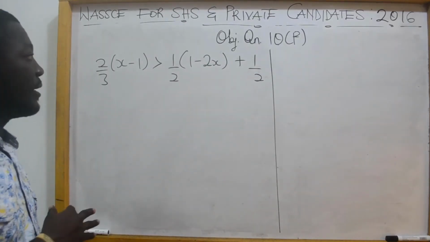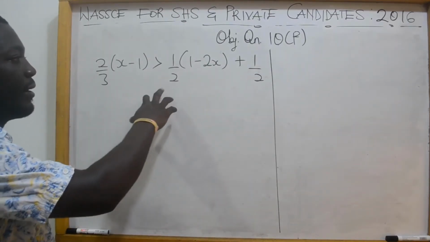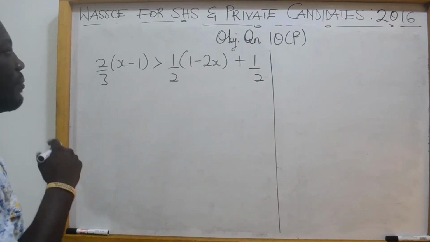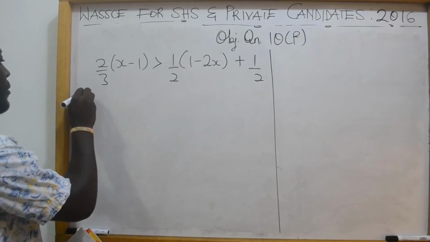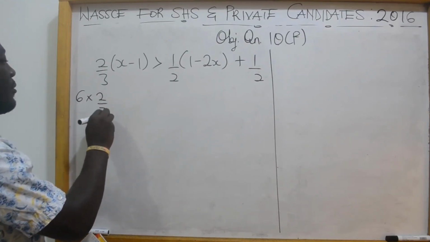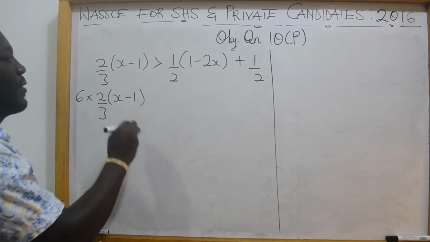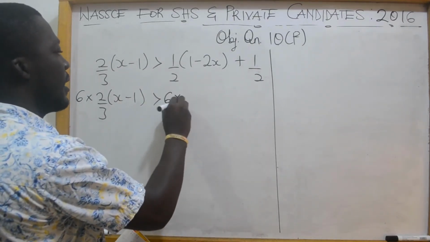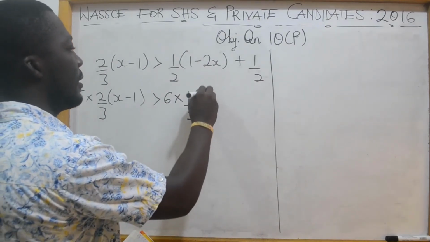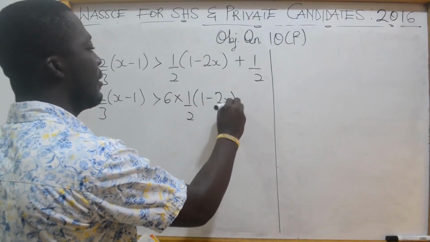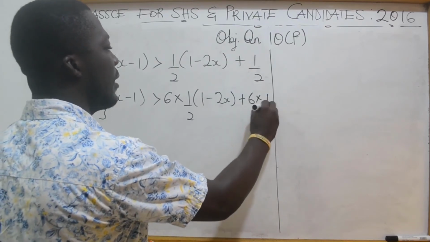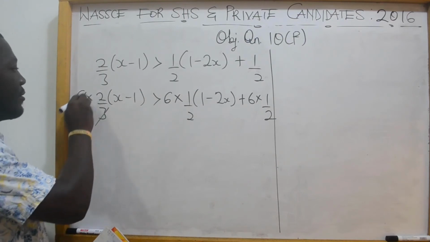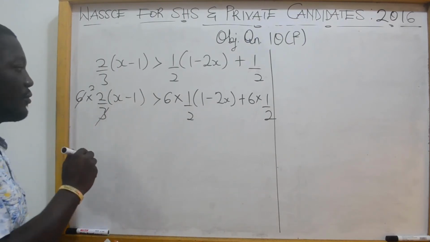The least common denominator amongst 3 and 2 is 6. So we pick the 6 and multiply by each term. So 6 times 2 out of 3 bracket x minus 1 is greater than 6 times half bracket 1 minus 2x plus 6 times another half. 3 into 6 is 2. 2 times 2 is 4.